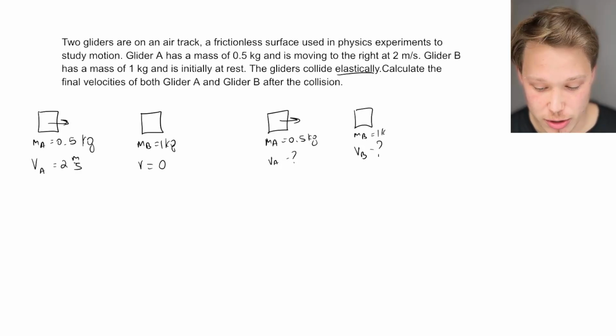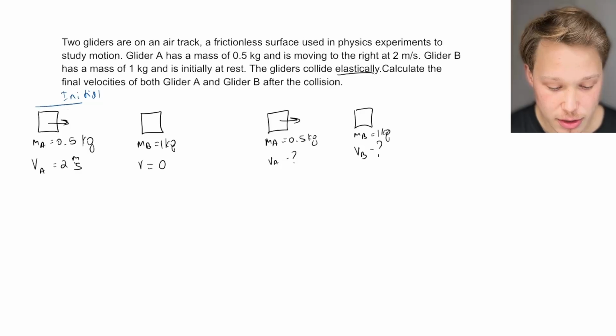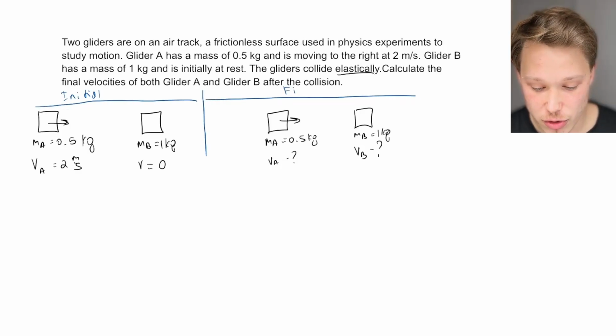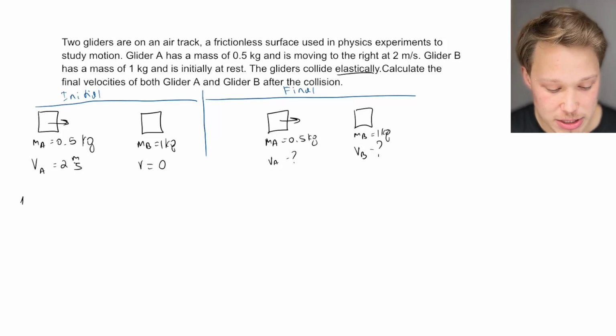Just like with the previous problems, I have made a sketch for the initial situation, before the collision, and for the final situation, after the collision. Now, first let's just do momentum conservation.